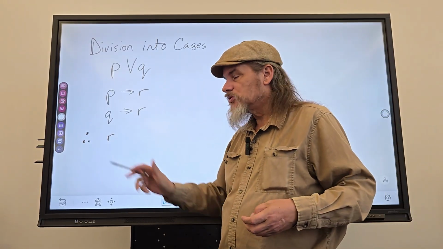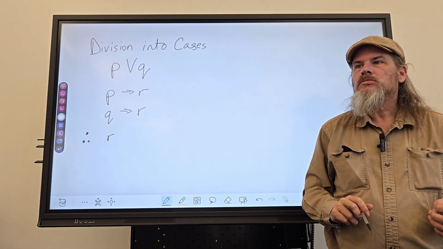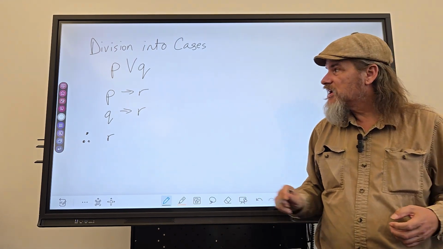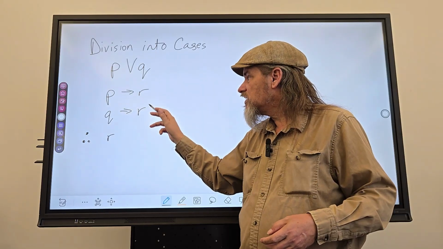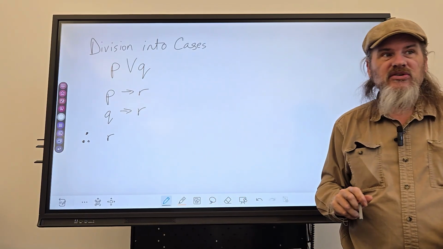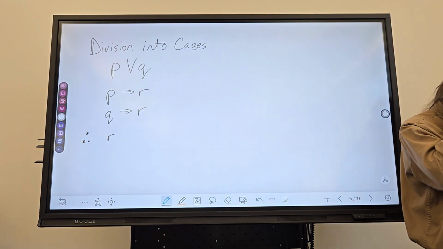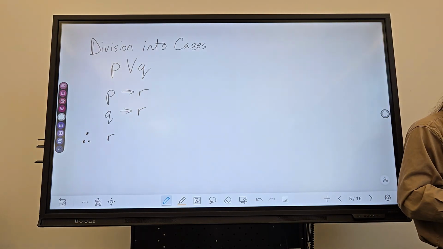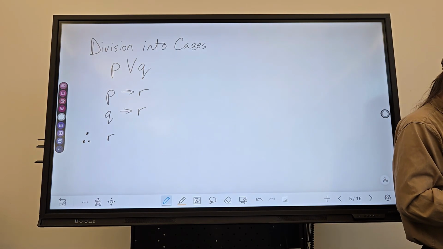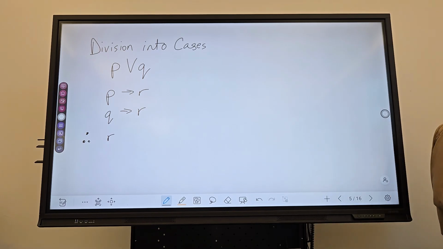Therefore, R is true, because you've divided it into the different possibilities, the different cases. It often happens that when one thing or another is true, if you can show that in either case a certain conclusion follows, then this conclusion must also be true.